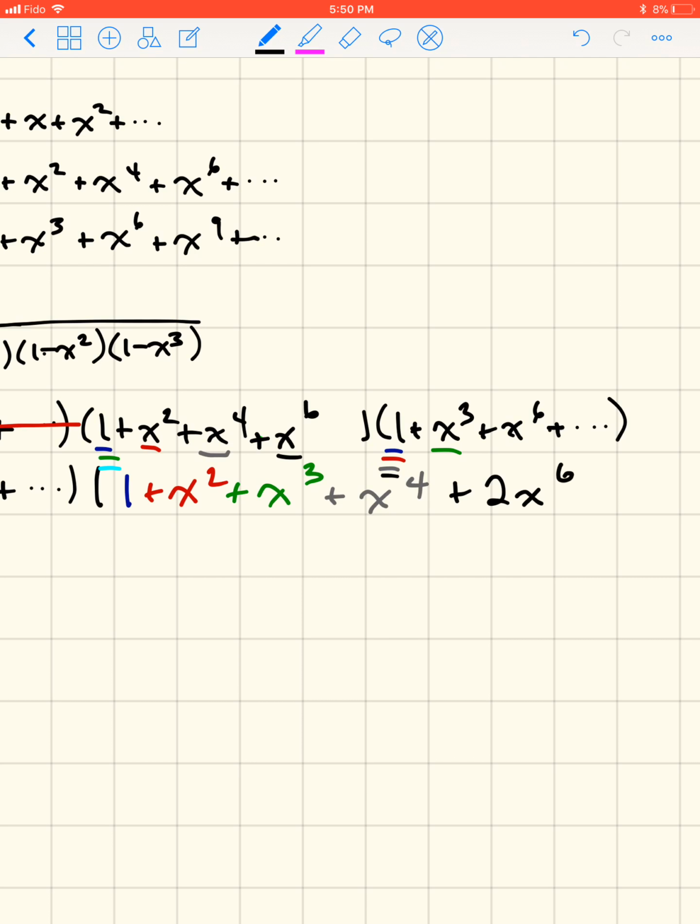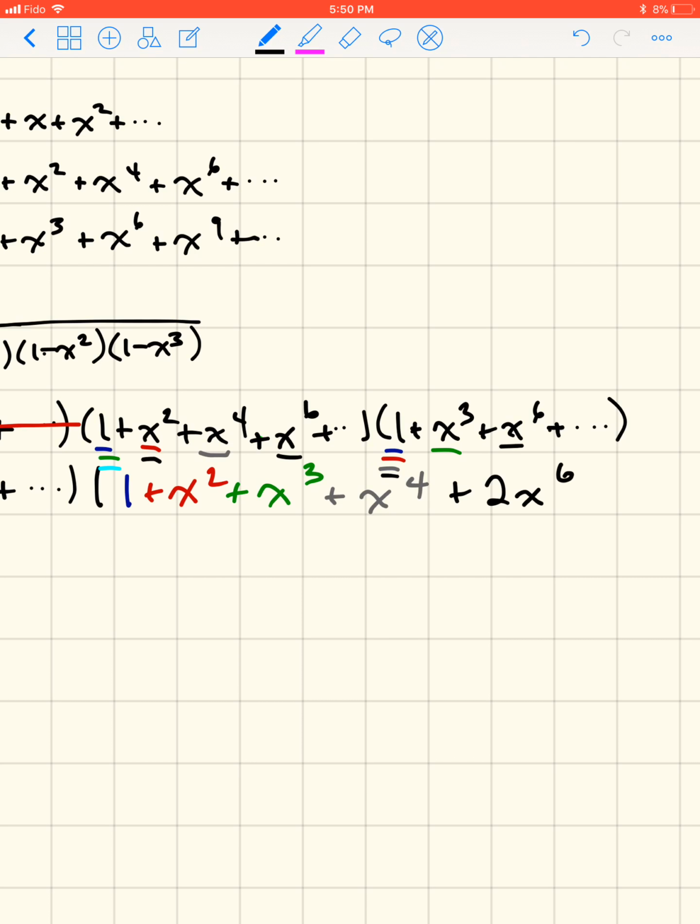There's no way to get x to the 7. We can get x8 from 6 and 2. Or is there another way? 6 and 2. There's no 8 in here. There isn't a 3 and a 5. Oh, I know.